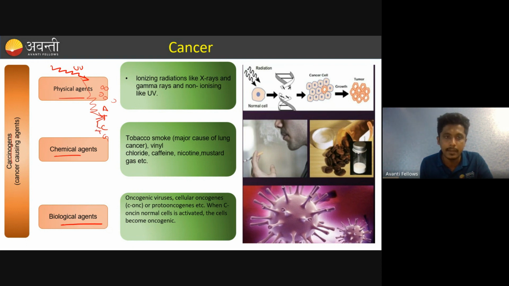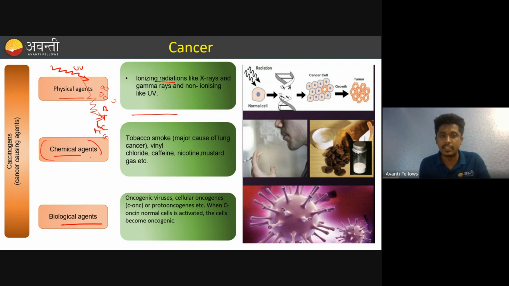That means two thymines come together and break the normal linear polynucleotide chain. The straight chain of nucleotides in your DNA is broken or its structure is altered because of this radiation, and that is when it leads to skin cancer. So examples of physical agents are radiations like X-rays, UV, or gamma rays.